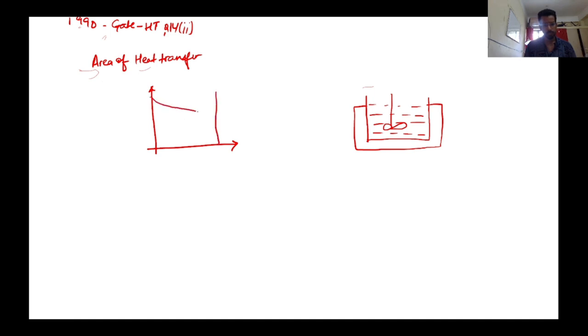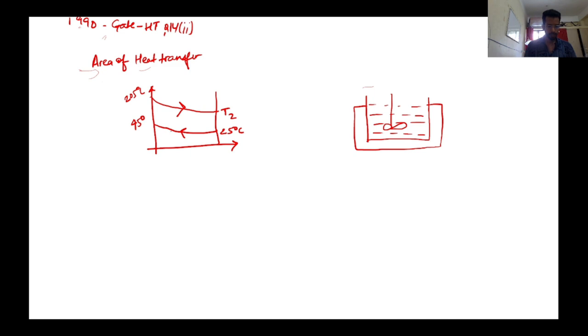So the temperature of the hot fluid will go down, and the temperature of the cold fluid will go up after contacting each other. Hot fluid T in is 205 degrees Celsius, and the outlet is not known; we will calculate this. The cold fluid inlet temperature is 25 degrees Celsius and outlet is 45 degrees Celsius.